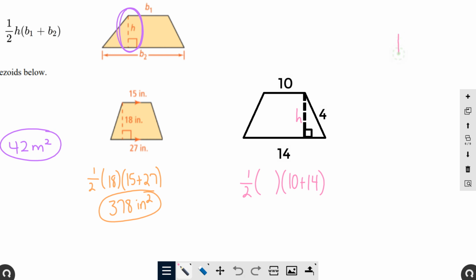If you were to look at a triangle, is this distance the same as this distance in a triangle? Because that's pretty much what we have here, a little triangle on the end. So this slanted length is not the height. We got to do Pythagorean theorem to figure out that height. But in order to do that, we still need this distance.